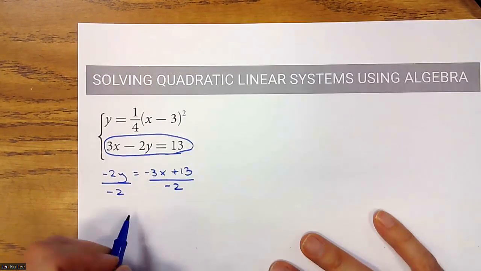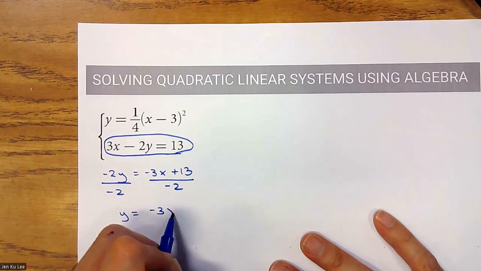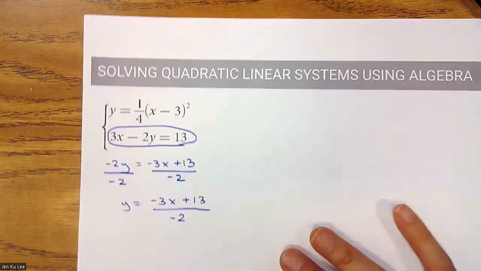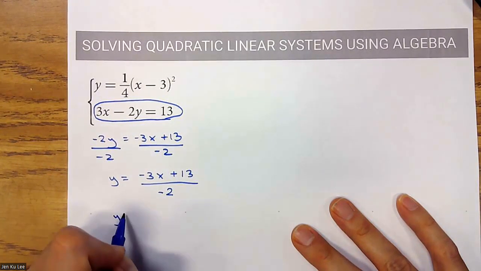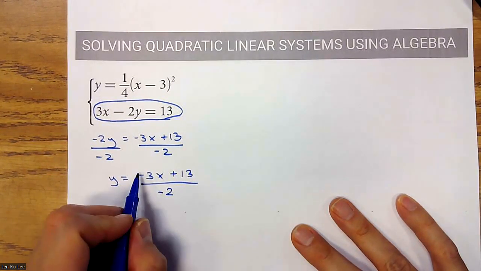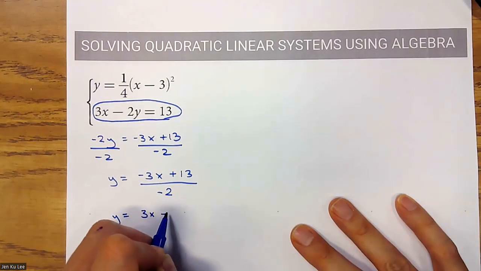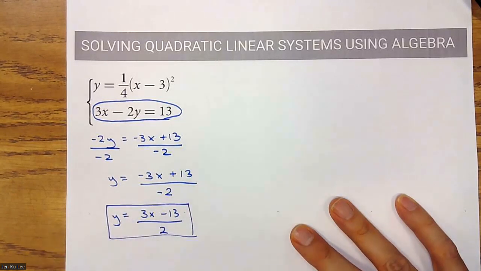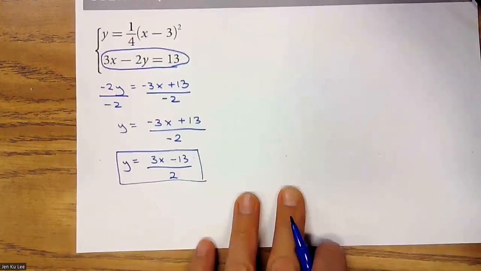Y is equal to negative 3x plus 13 divided by negative 2. I don't like that negative down here. So what I'm going to do is I'm just going to put it up and change all the signs in my numerator. Okay? So that's what it's equal to.